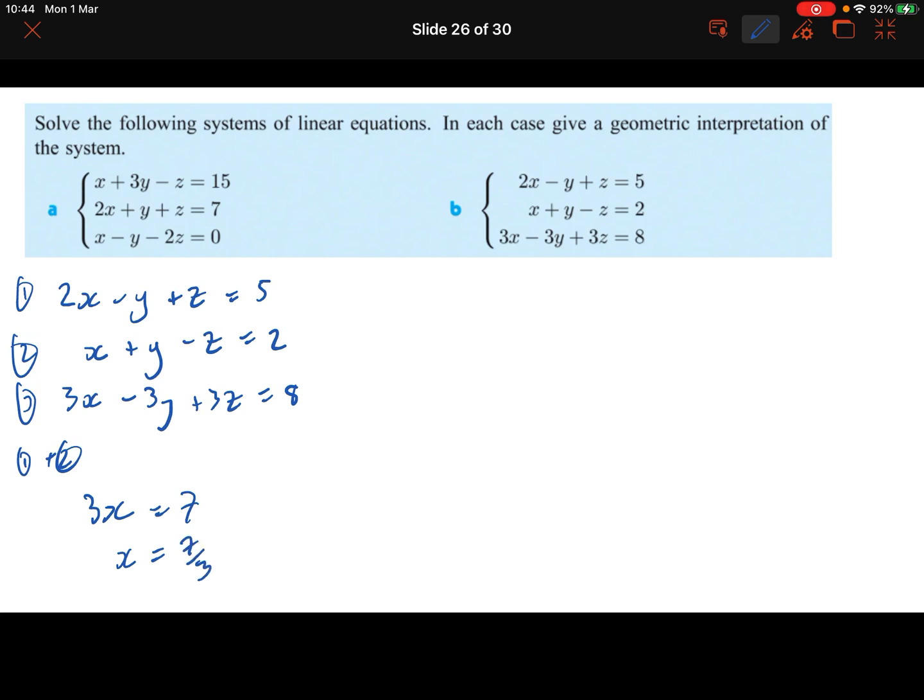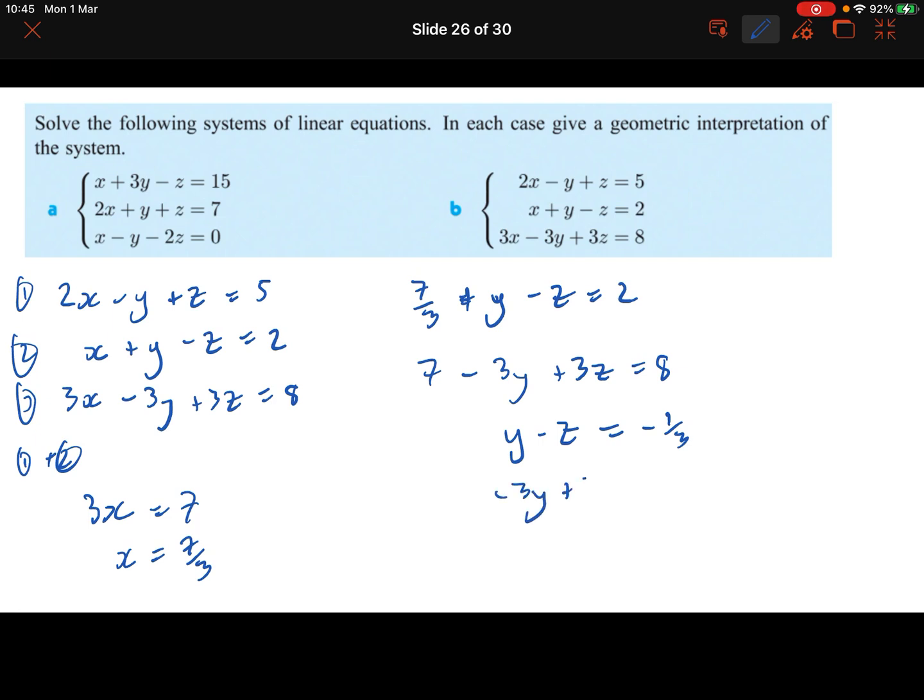So now I can say 7 over 3, plus y minus z is equal to 2. And 7 minus 3y plus 3z is equal to 8. So y minus z is equal to 2 minus 7 over 3. That's negative a third. Okay, and negative 3y plus 3z is equal to 1.